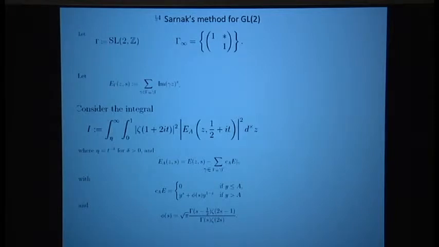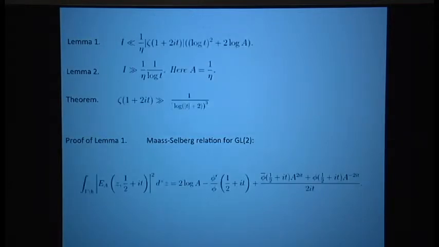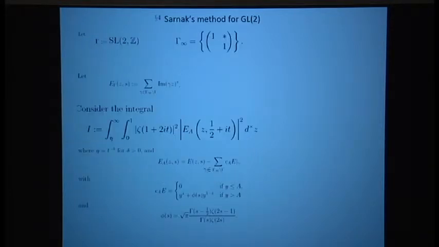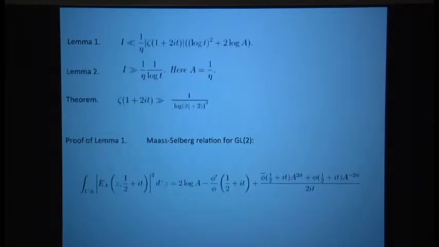So Sarnak's idea is to consider this integral, and he has an upper bound, 1 over eta, times zeta, so now only one zeta appears. In the original definition of I, he multiplies zeta squared. So now one zeta appears in the upper bound, and so log t squared.